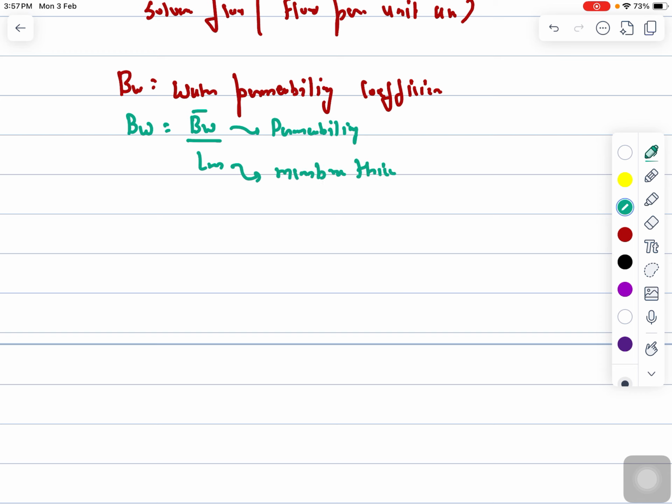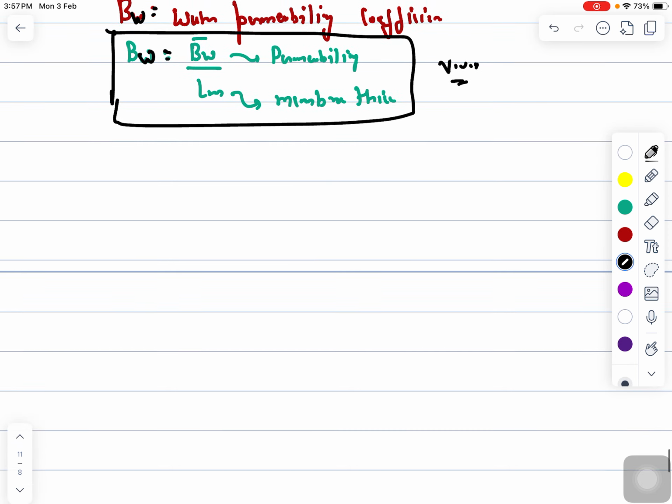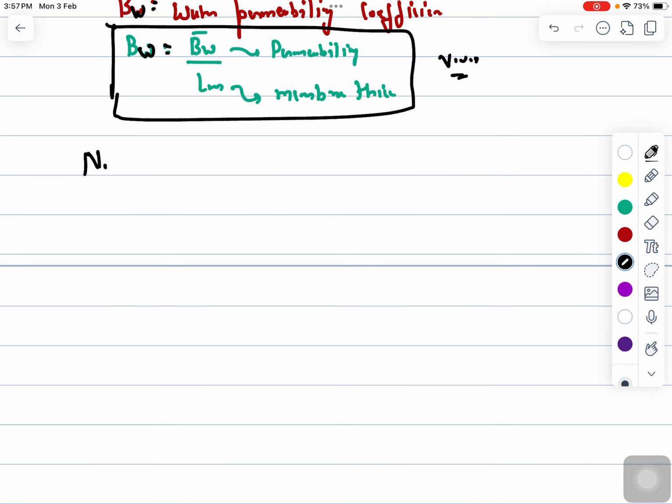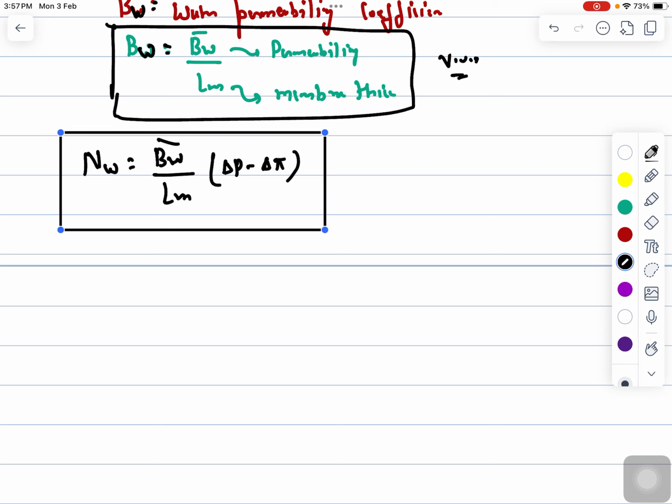So there is a relation between permeability and permeability coefficient: the permeability coefficient BW can be written as BW bar, the permeability, divided by LM, the thickness of the membrane. That is also a very important parameter. So if I want to write the water flux, it can be written as BW bar divided by LM into delta P minus delta pi, the pressure difference minus the osmotic pressure difference.